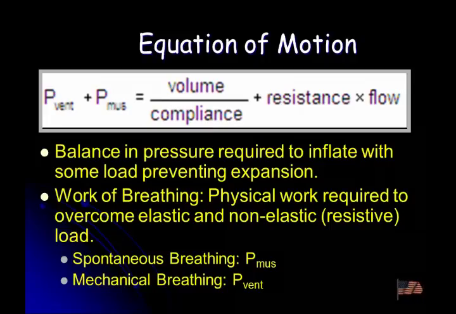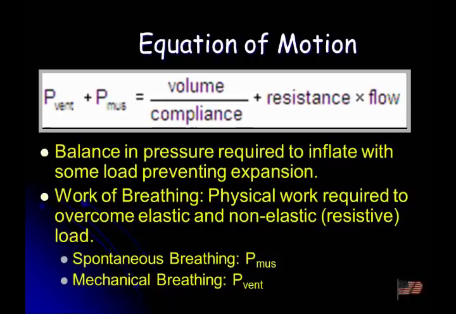And again, the compliance component of that is what we would consider to be elastic work. The resistance part of it would be the non-elastic. When we ventilate somebody, or as we're sitting here, better yet, this P vent is 0. Well, we're not on a ventilator, last time I looked. None of you are being ventilated at this point in time. So we're only focusing on the muscle, how much pressure the diaphragm creates.